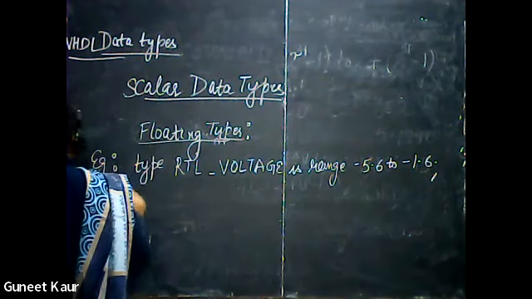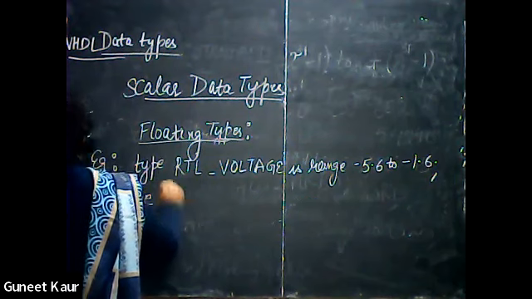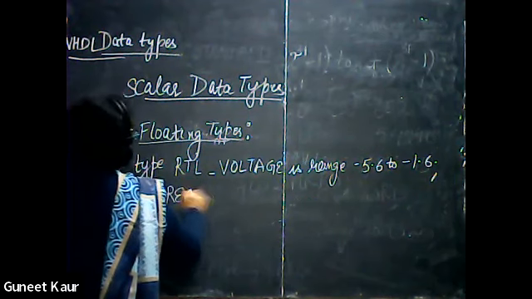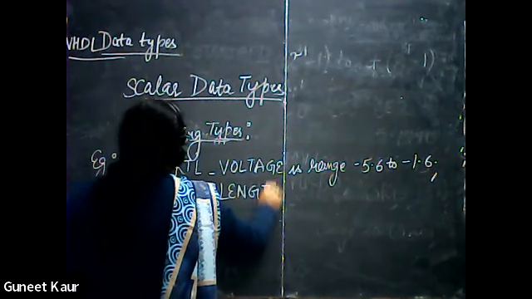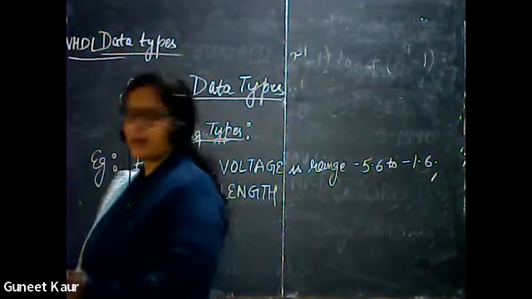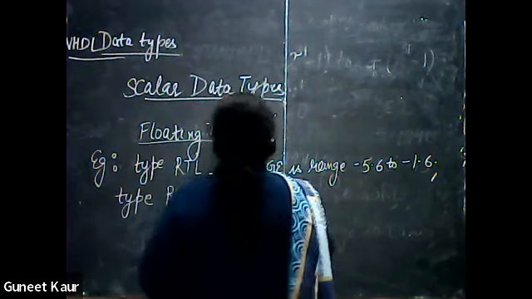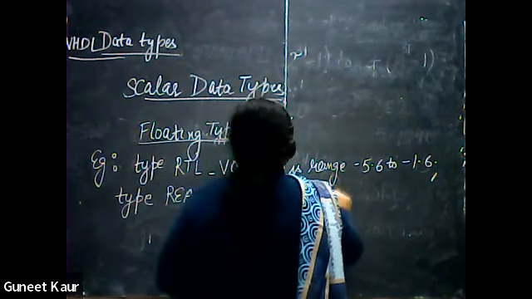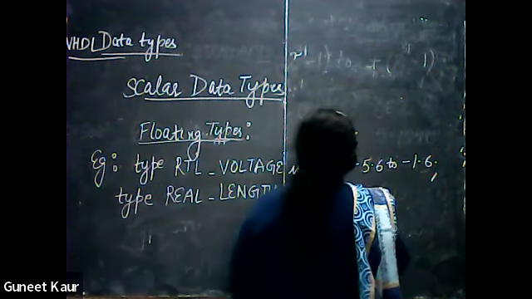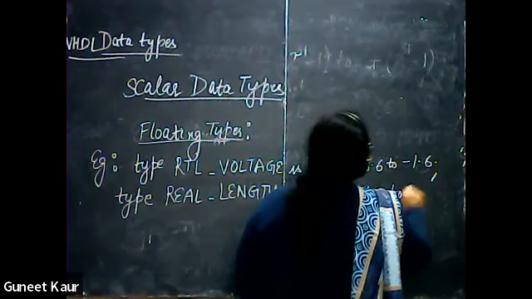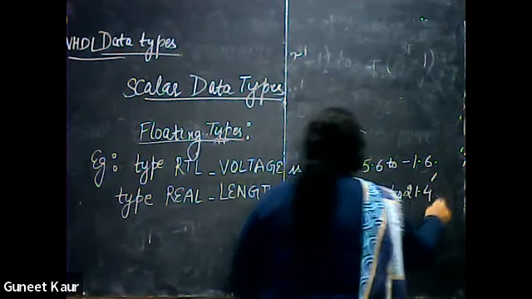Second example is type real underscore length is range 0.0 to 21.4 semicolon.